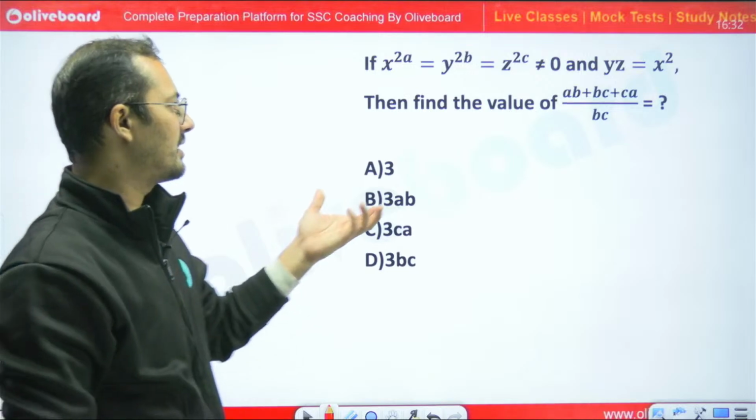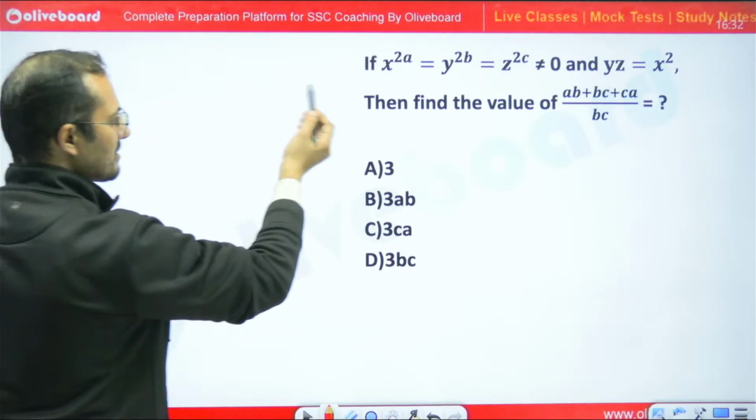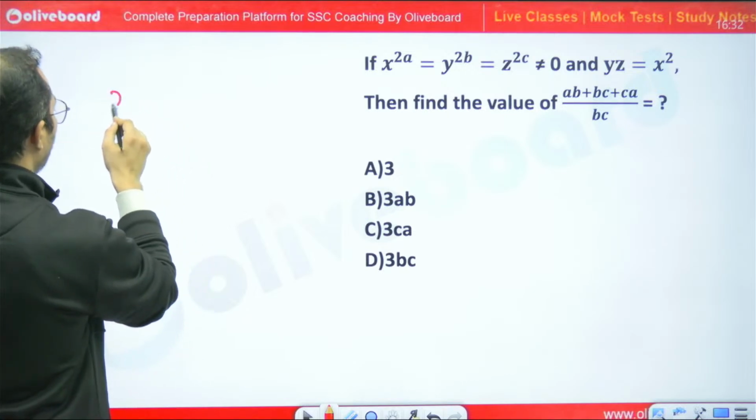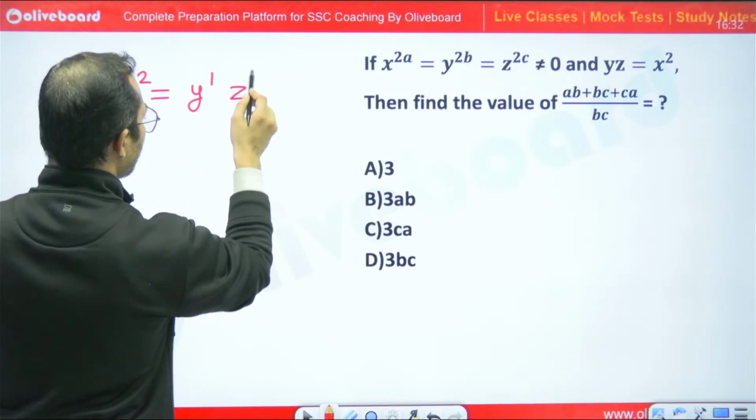Here we cannot say which base is highest, no problem. But the relationship between x, y, z is given. x square is equal to y to the power 1 into z to the power 1.